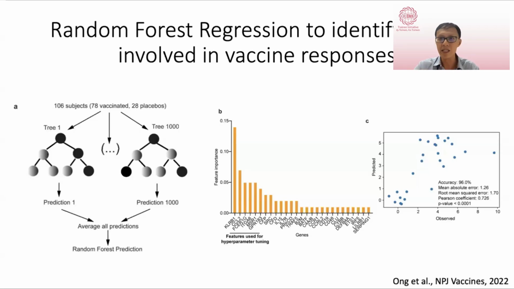So that's the power and one of the utilities of machine learning, which allows you to reduce the dimension to focus on what matters and use the data to infer the antibody response in this case.